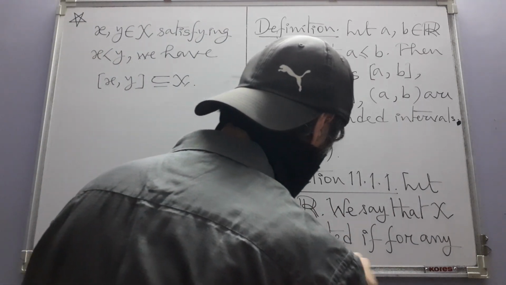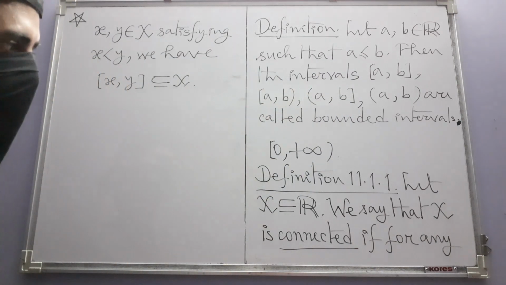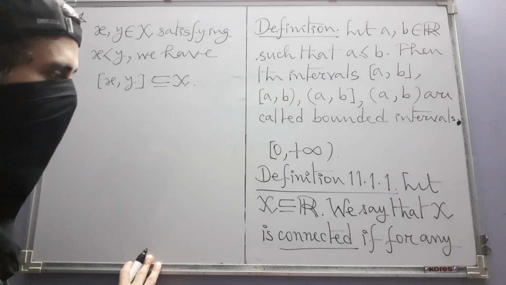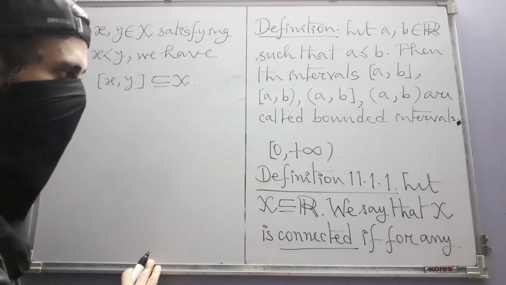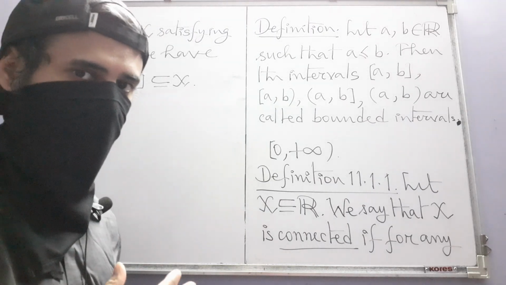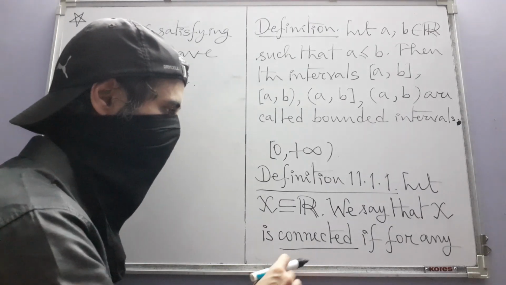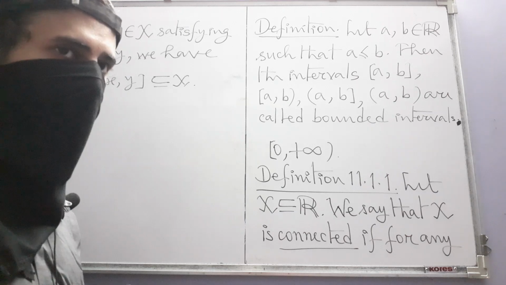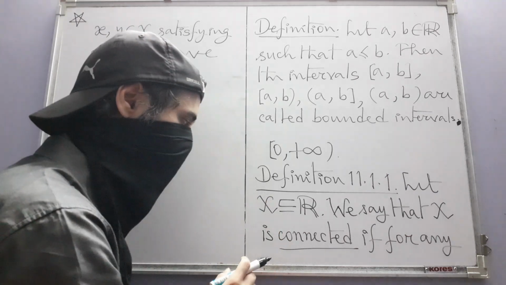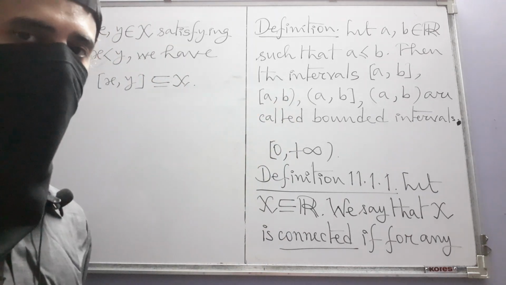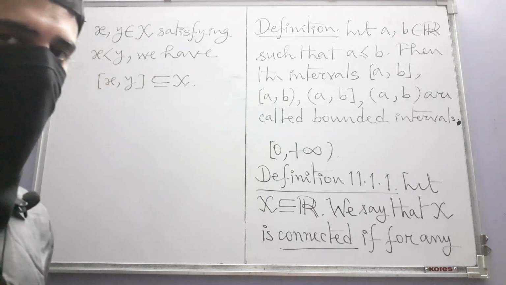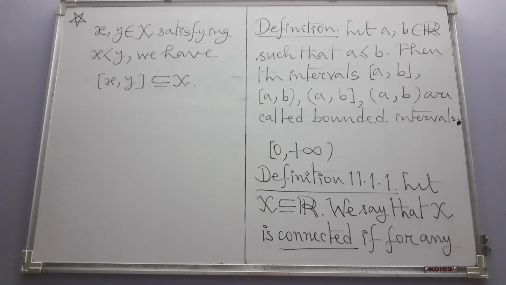We need this primarily in order to state and prove a result which lets us very quickly see when a given set is a bounded interval. That's why we need connectedness. We will realize what that means very soon.